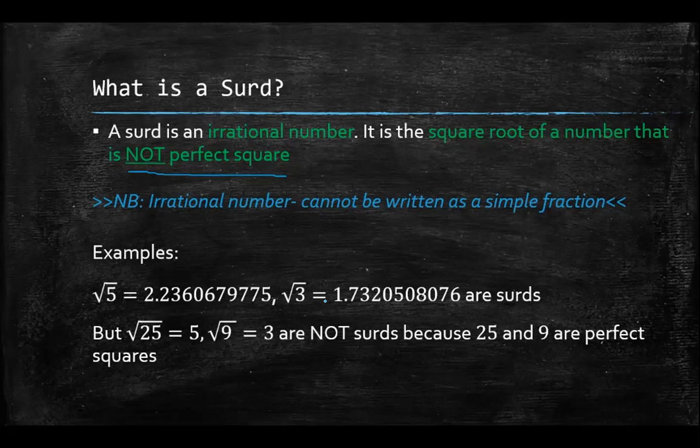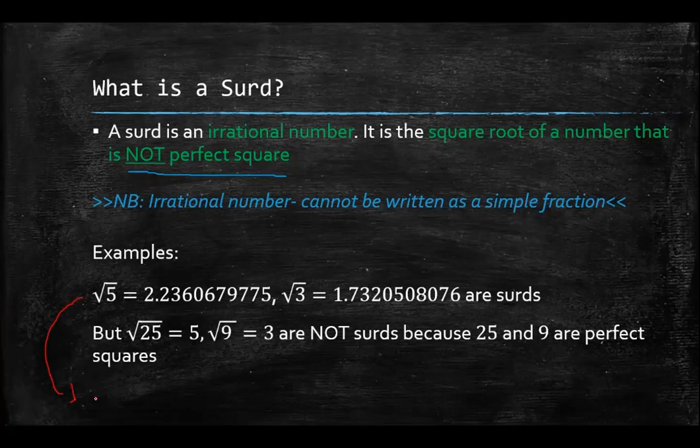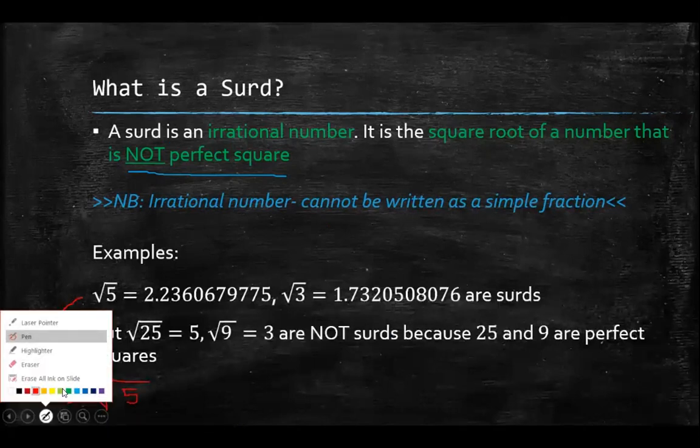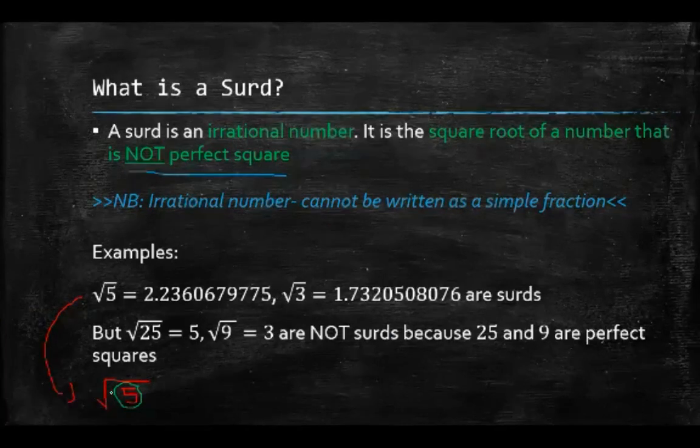That means that a is just the number which is not a perfect square. So referring back to these examples, square root of 5, my value of a in this case would just be 5. So a is any number that comes under the square root symbol, right?